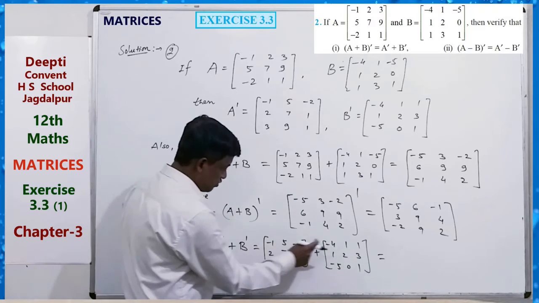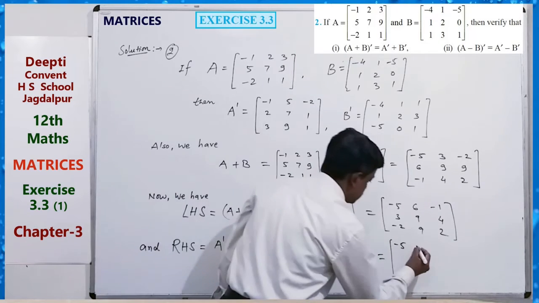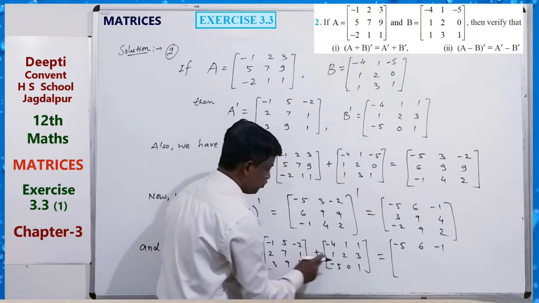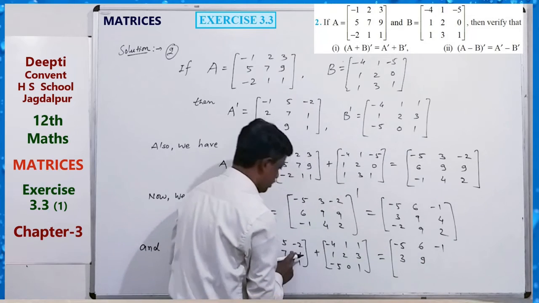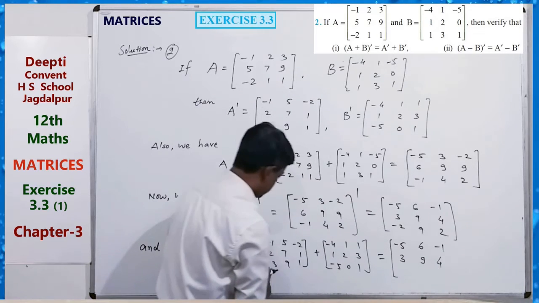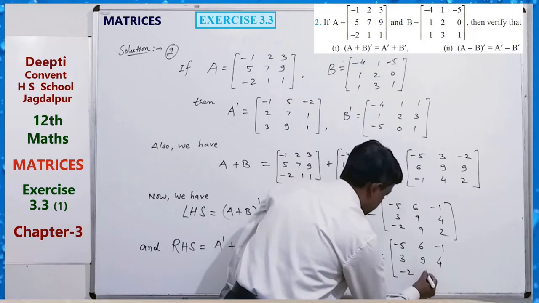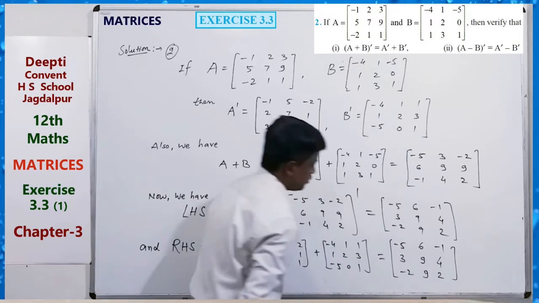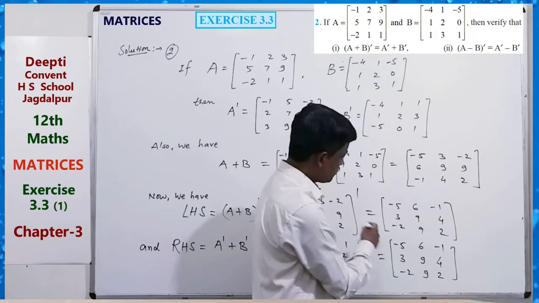Minus 1, minus 4, minus 5; 5, 1, 6; minus 2, 1, minus 1; 2, 1, 3; 7, 2, 9; 1 and 3, 4; 3, minus 5, minus 2; 9, 9, minus 1; 1, 2; 2, 9, minus 2; 4, 9, 3; minus 1, 6, minus 5.